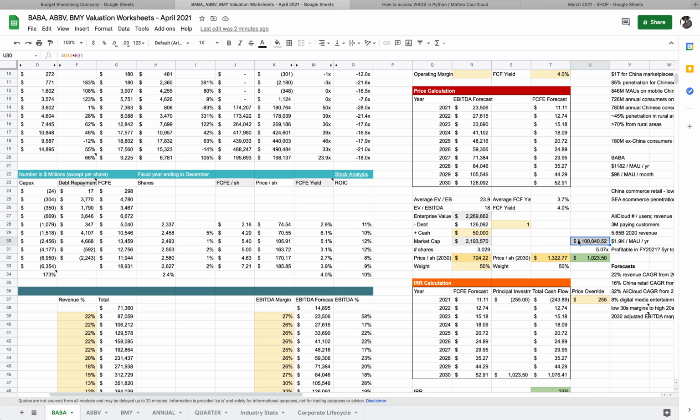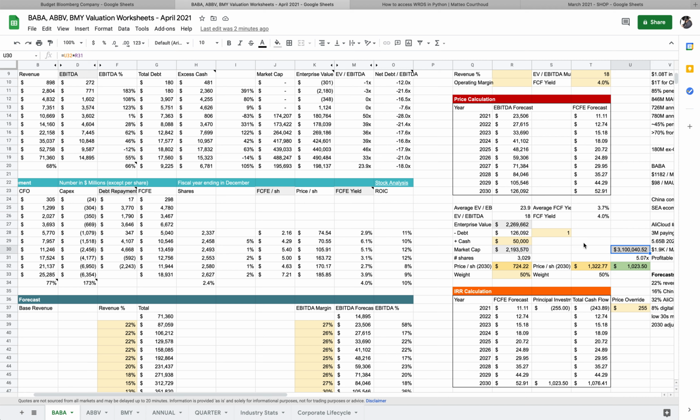I also call out, given this price, what that would mean the market cap would look like given the number of shares. So with the current estimates that I have, this basically would assume that Alibaba in 10 years is going to be worth $3.1 trillion, which I guess you can use as a sanity check, right?